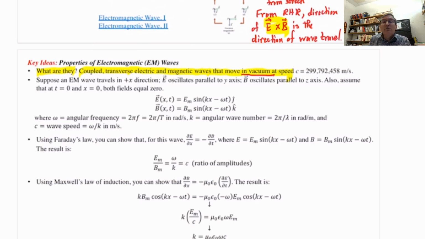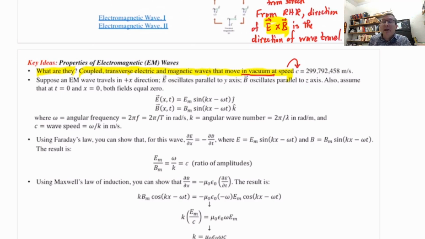And the very well-known speed at which these electromagnetic waves travel, measured even before the time of Maxwell, although not with the level of precision you see here, is given with this famous symbol, little c. That is the very well-known symbol for the speed of an electromagnetic wave in vacuum.